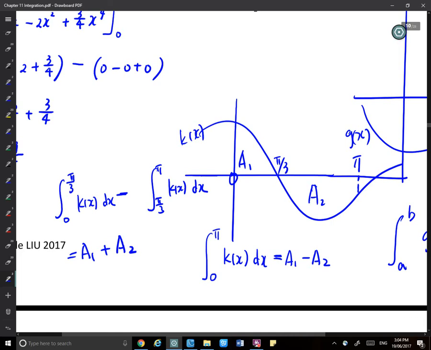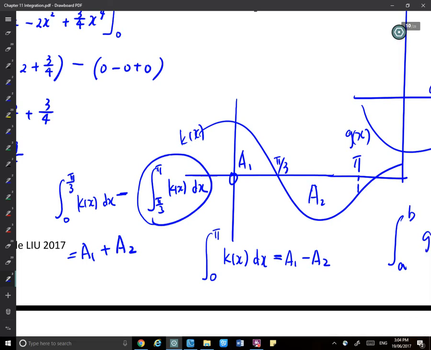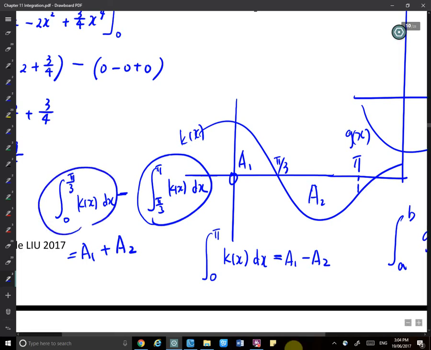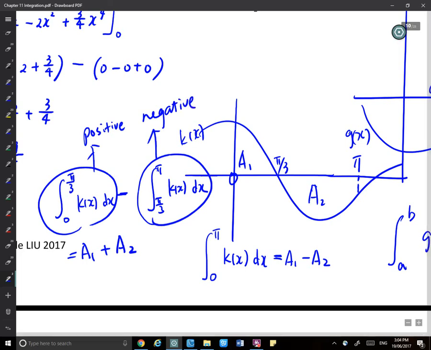Because this already gives you a negative number, when you subtract the negative number you have a positive number. The first is positive because it's above the x-axis, and the second is negative because it's below the x-axis. If you subtract the below one, that's a plus, so it's A1 plus A2.